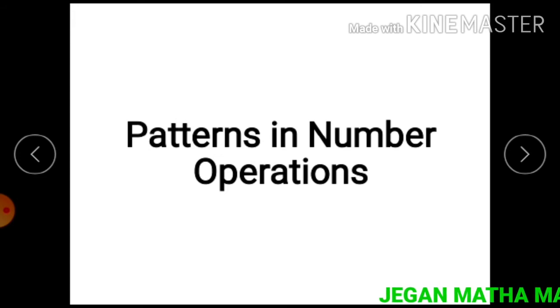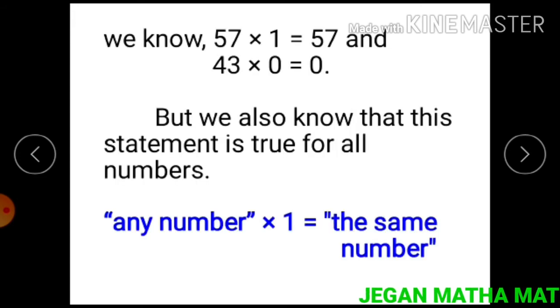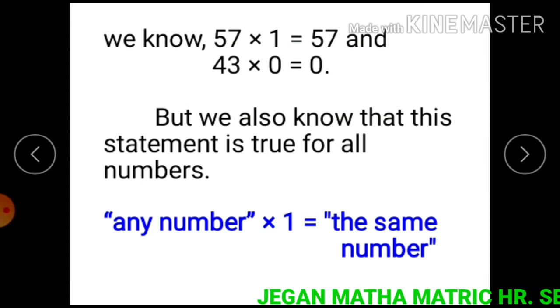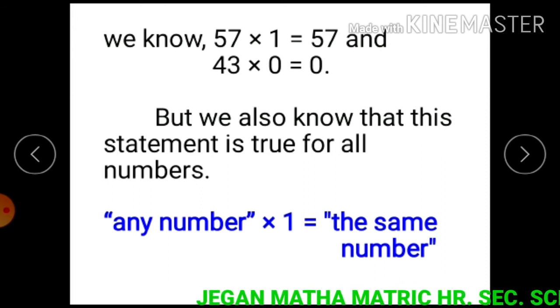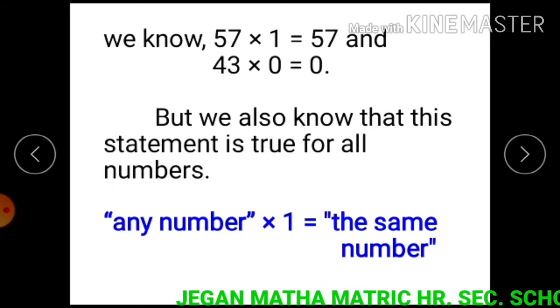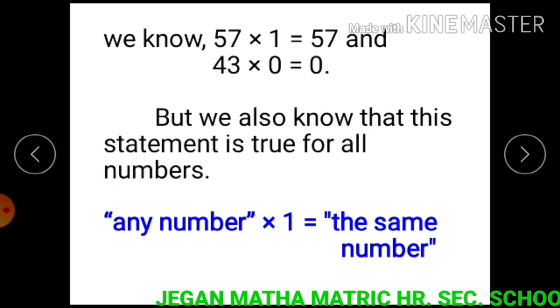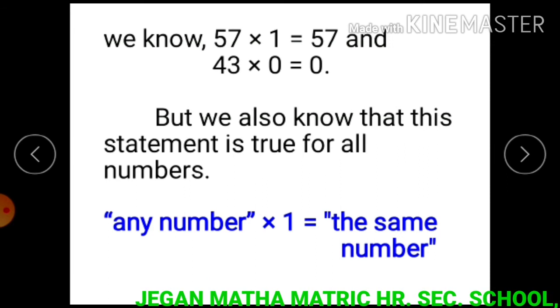Patterns in number operations. In the first chapter on whole numbers, we have learnt about numbers that are multiplied by 1 or 0. For example, we know 57 into 1 equals 57, and 43 multiplied by 0, we get 0.